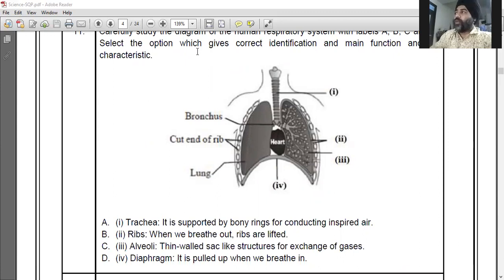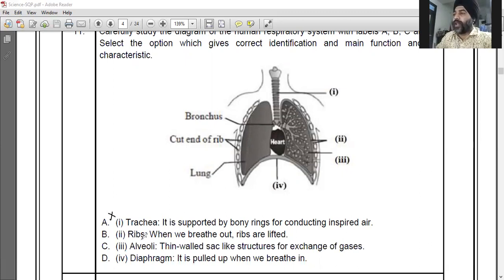As I told you, mark the incorrect one. The first one is trachea, it's right, but the function, it is supported by bony rings for conducting inspired air. It is correct that it is supported by bony rings, but the function is not conducting inspired air. These bony rings support the trachea so that it does not collapse.